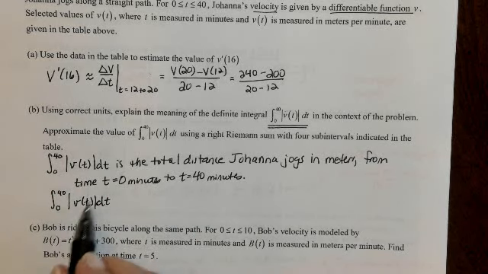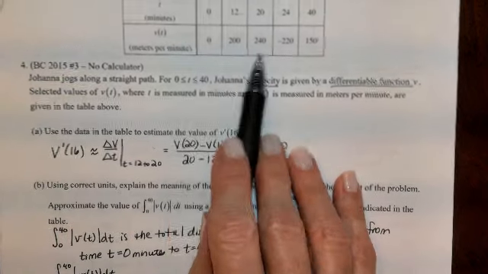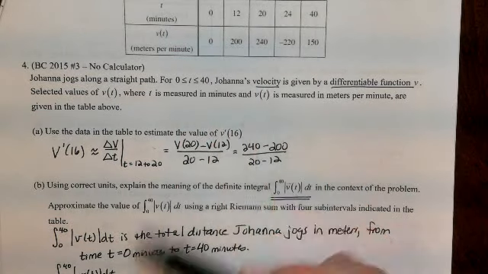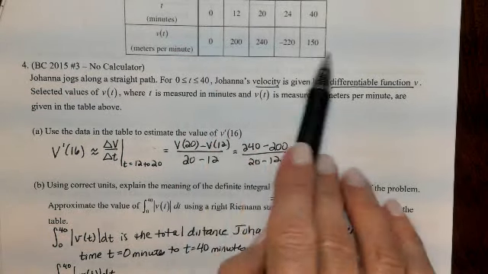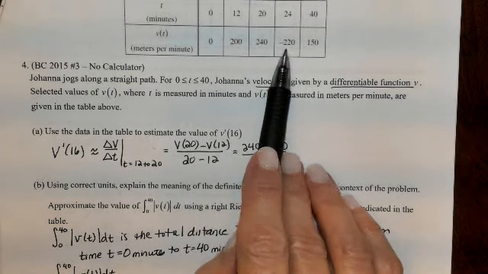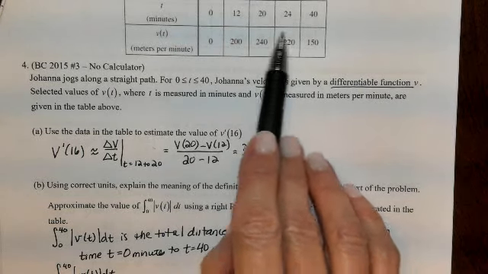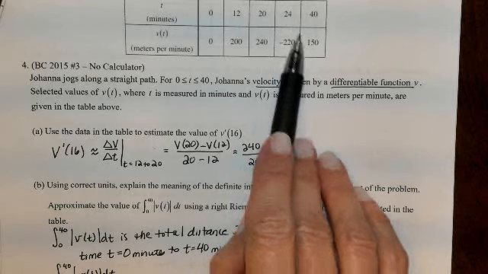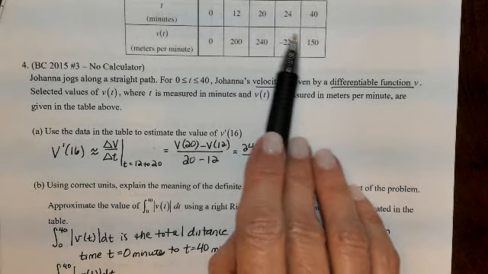So up here for velocity, if we have any negative values in this integral, we will make them all positive values. So this negative 220 in my right Riemann sum for the magnitude of velocity, I will write as a positive.